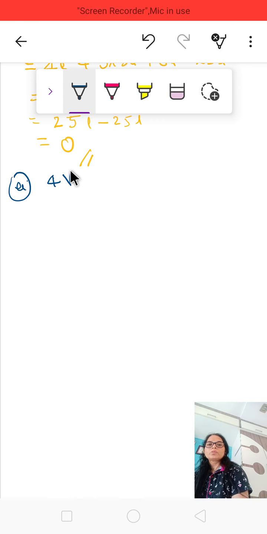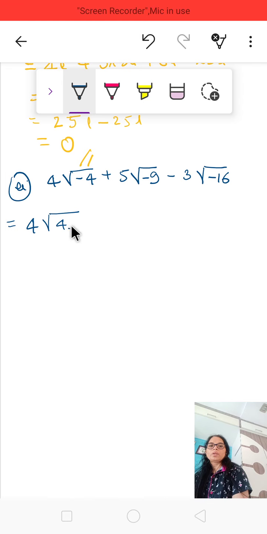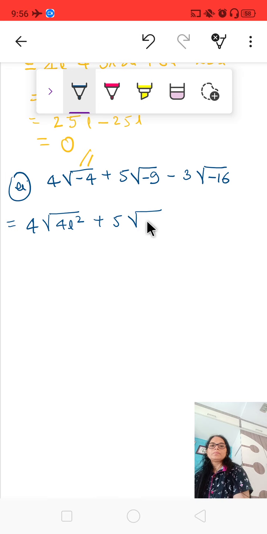4 square root of minus 4 plus 5 square root of minus 9 minus 3 square root of minus 16. Again we have to follow the same steps. 4i² plus 5 9i² minus 3 16i².